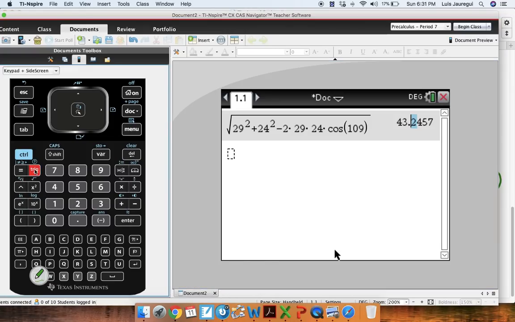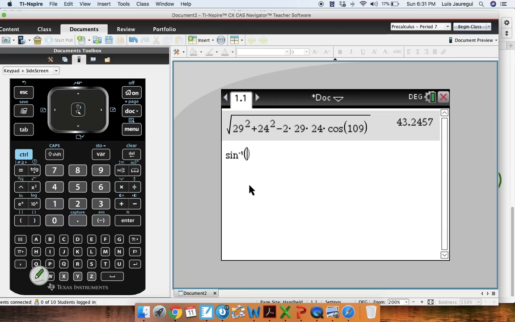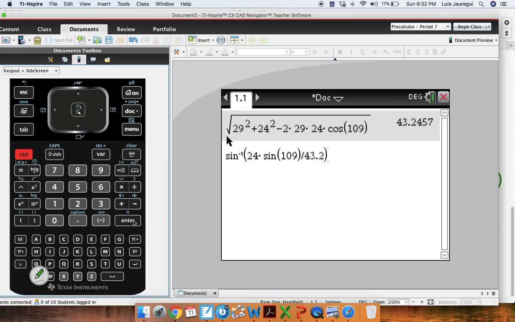So I'm going to go to trig, sine inverse of 24 times sine of 109 degrees divided by 43.2. Again, make sure that you are using the degree mode, and I'm going to hit Control Enter here.